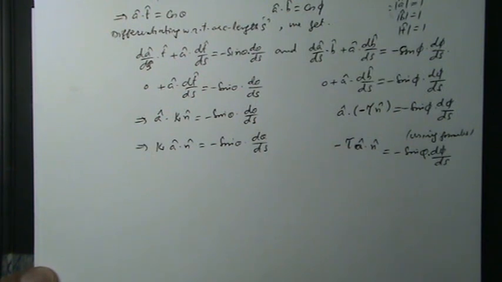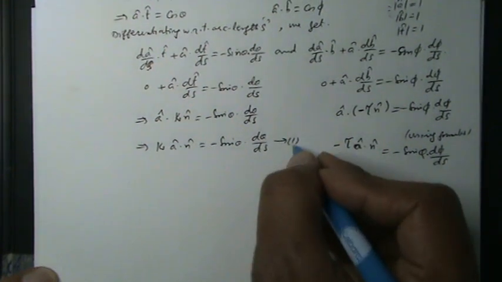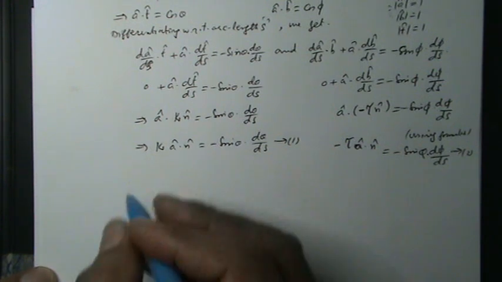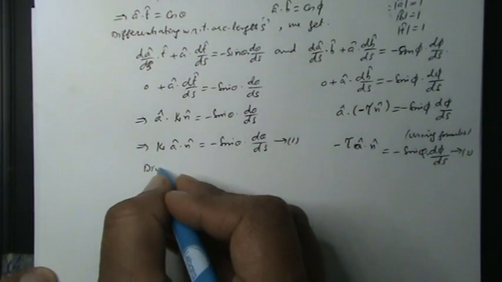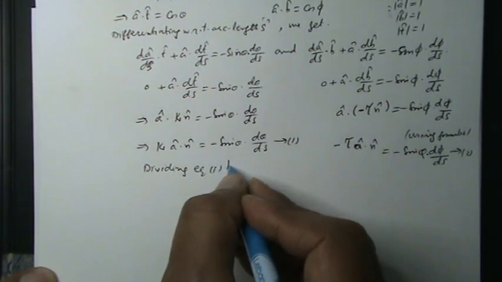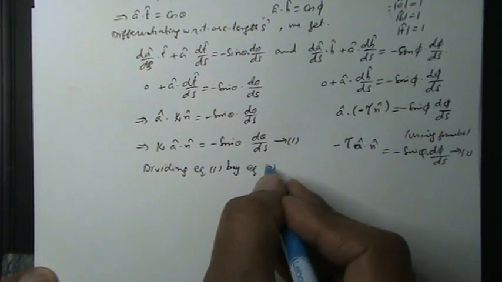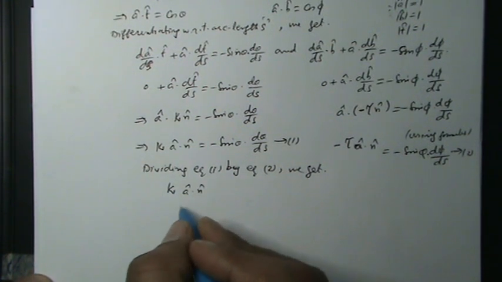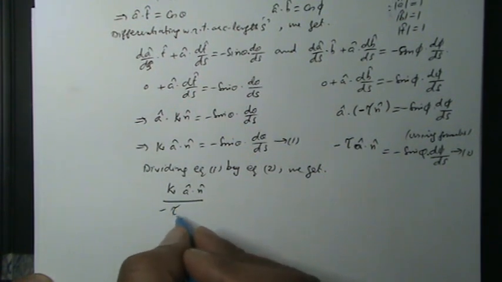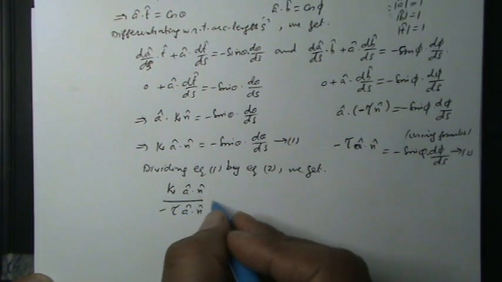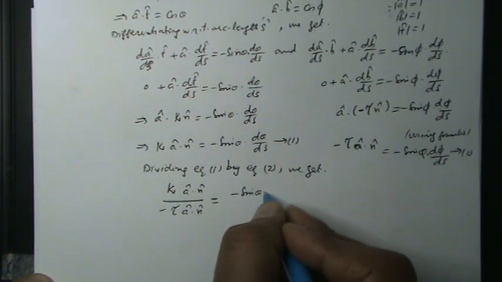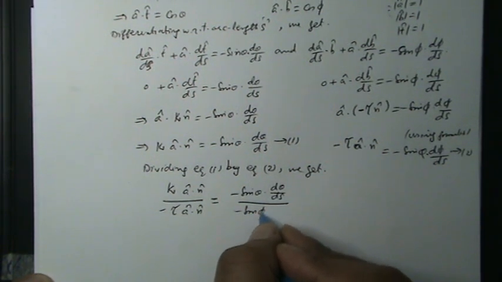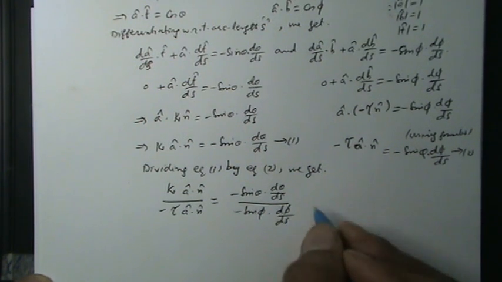Now dividing equation 1 by equation 2, we get kappa A dot n over minus tau A dot n equal to minus sin theta d theta over ds over minus sin phi d phi over ds.